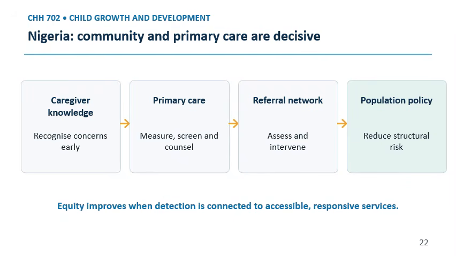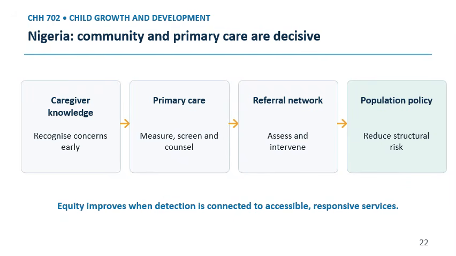Where specialist services are limited, task sharing, caregiver-mediated support, community follow-up, and stronger links between health, education, and social services may be important. At population level, policies addressing poverty, food insecurity, maternal education, disability inclusion, and access to quality care influence children's trajectory.